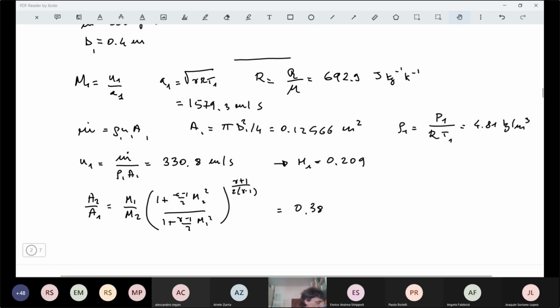That means, of course, that there will be a ratio d2 over d1, which will be 0.616, so 0.617.